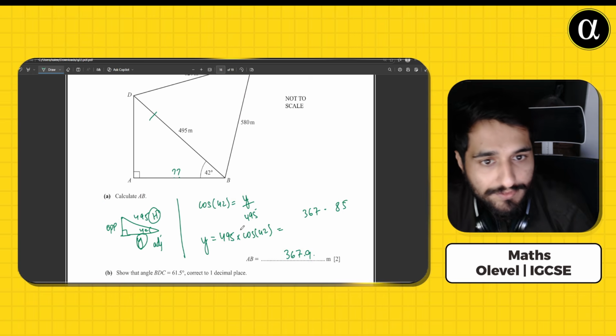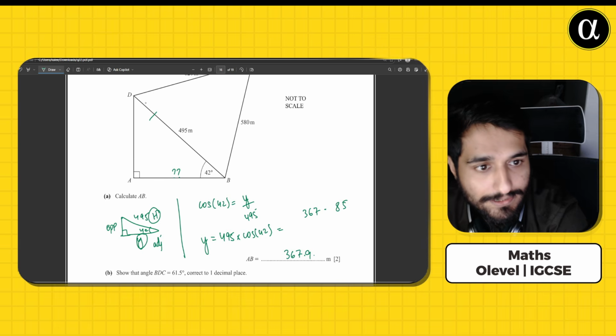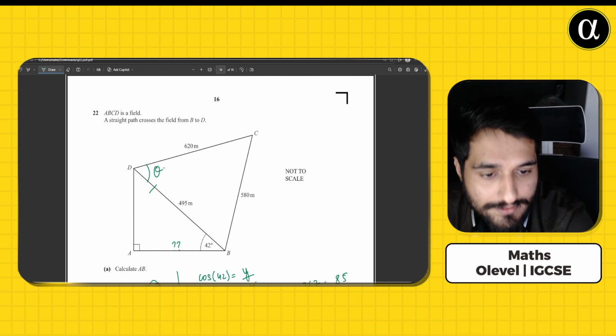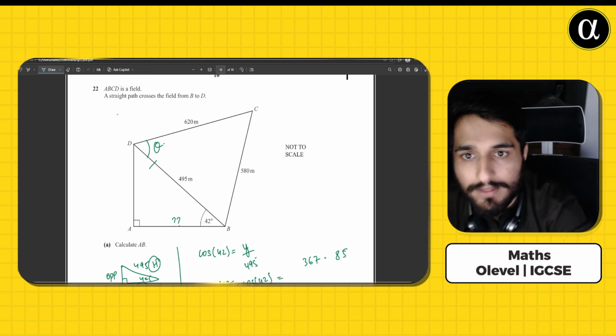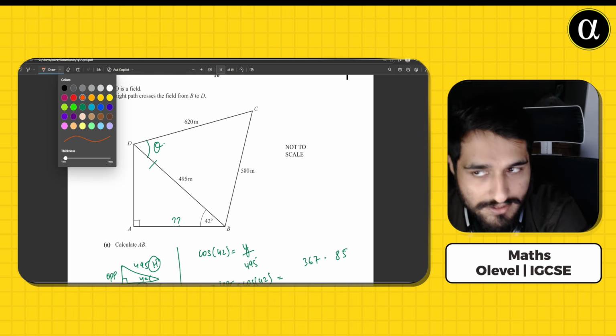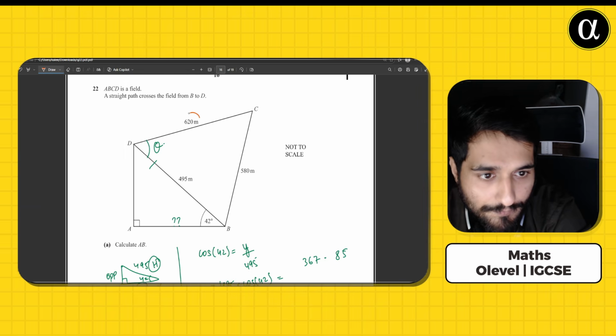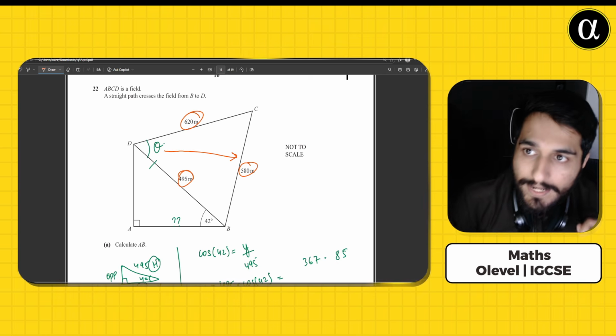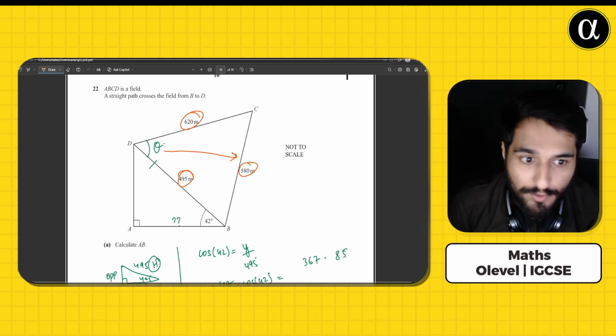Now we need to prove the angle BDC, this angle. We need to prove this angle theta, that this turns out to be 61.5. Now in order to prove this, we need to see that we have a triangle on this side which is not a right angle triangle, and we know 3 lengths of this triangle as well, and 1 angle is missing, which means we are supposed to apply the rules of non-right angle triangle where cosine could be solved, right?